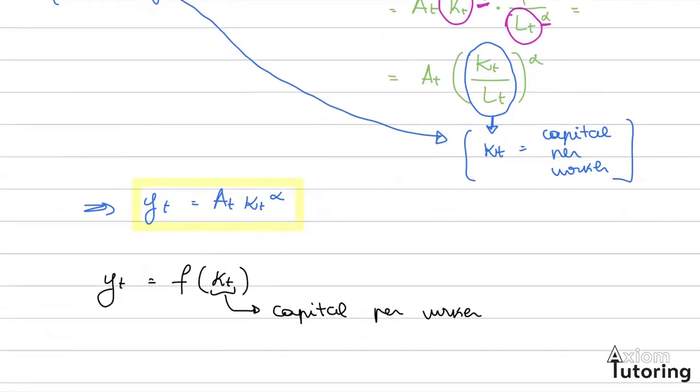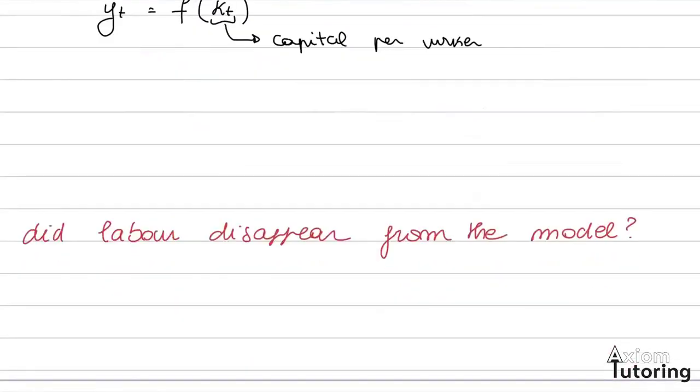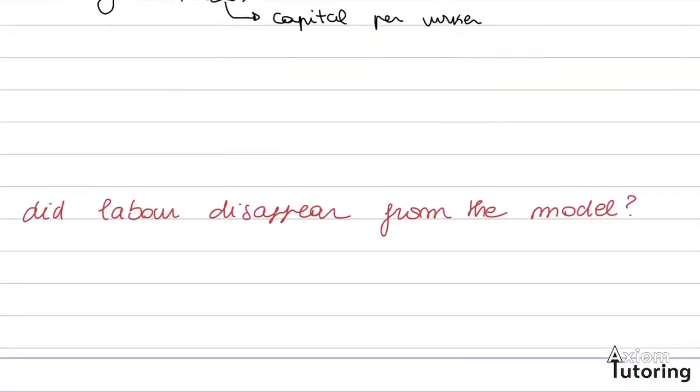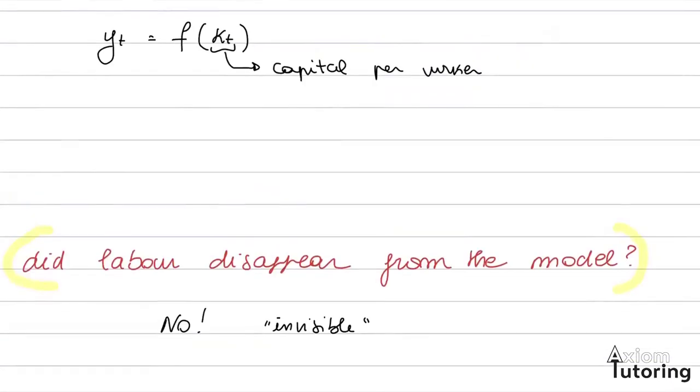So a common question that a lot of students have is, did labor disappear from the model? Well, it did not. It did not disappear from the model. It's just invisible because it got absorbed by this small kt, which by itself is actually big K over Lt.